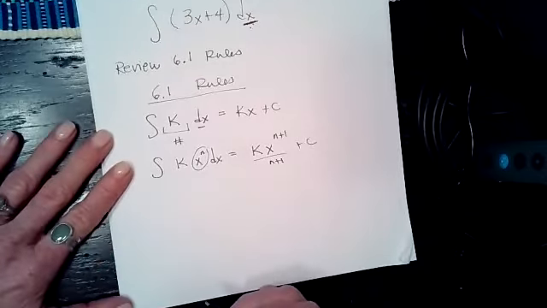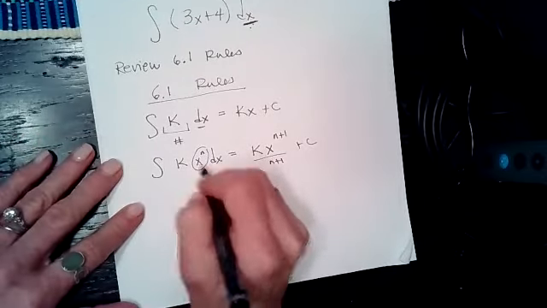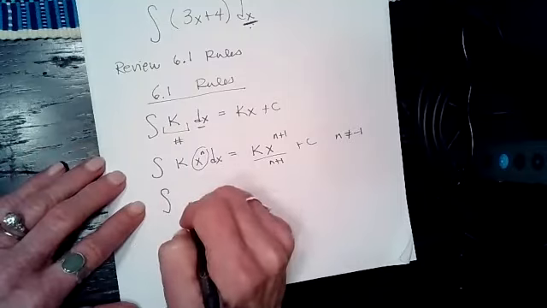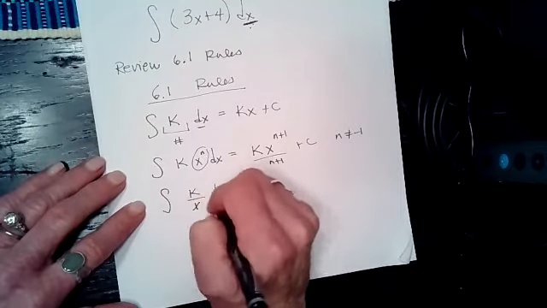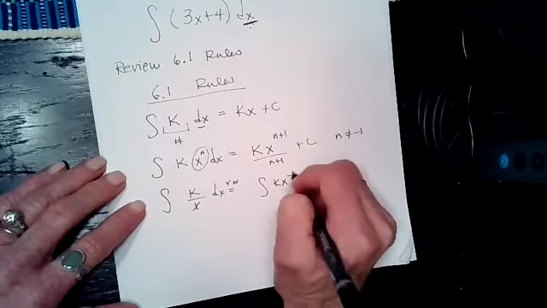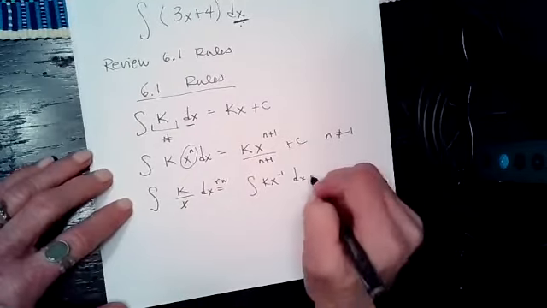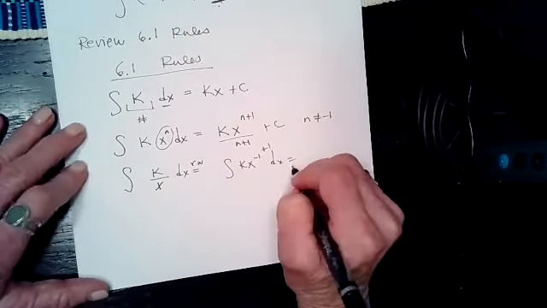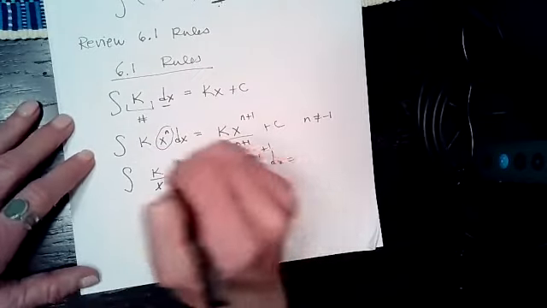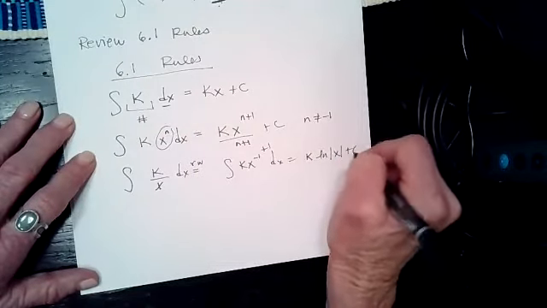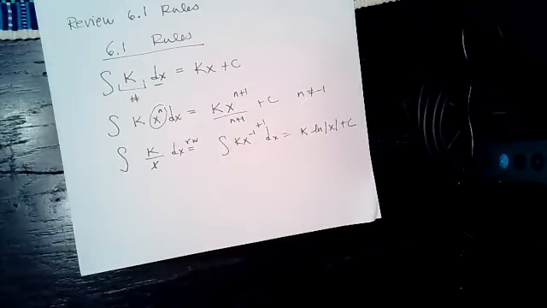Unless my exponent is -1: if I have k over x dx, I rewrite that as kx to the -1 dx, then when I try to add 1, I get 0 for my new exponent. I can't have division by 0, so that tells me this is rule 3. I bring over my constant, and it's k ln of x plus c. So these are the rules that we're going to use.